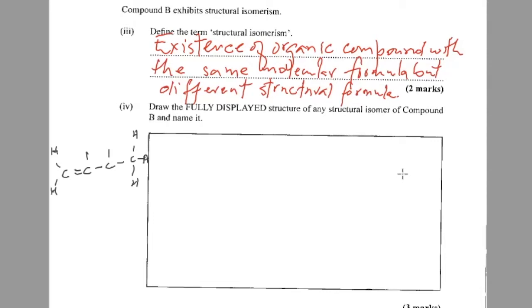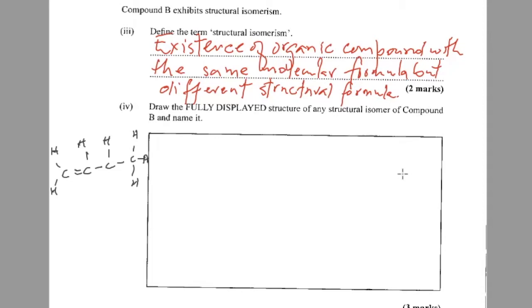And of course, we have to remember that all carbon atoms must be taking part in 4 bonds because carbon is tetravalent. Tetra means 4, valent means it has 4 valence electrons that can take part in bonding. So all carbon atoms must be taking part in 4 bonds.